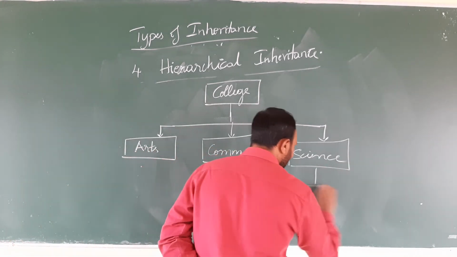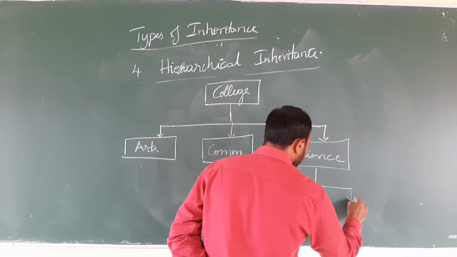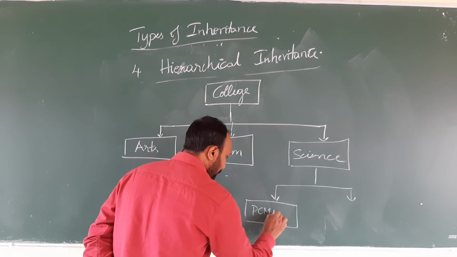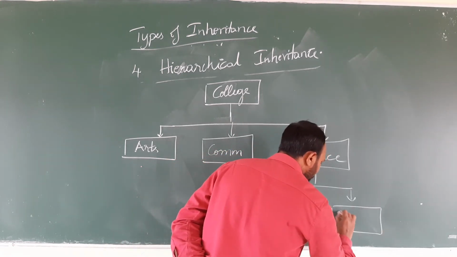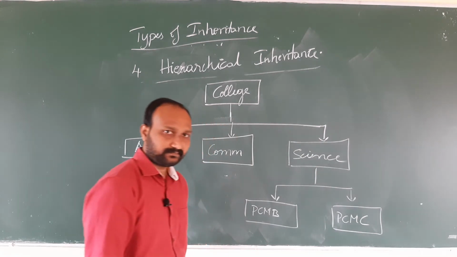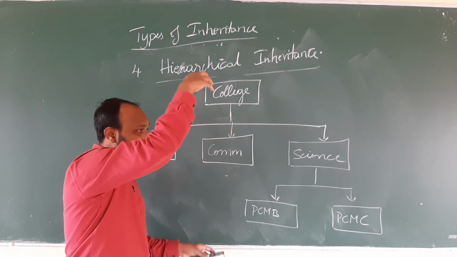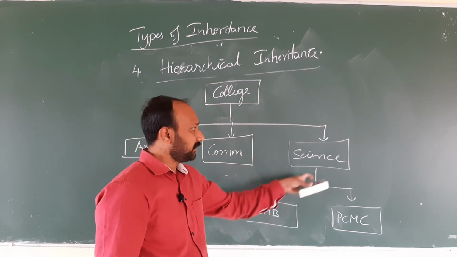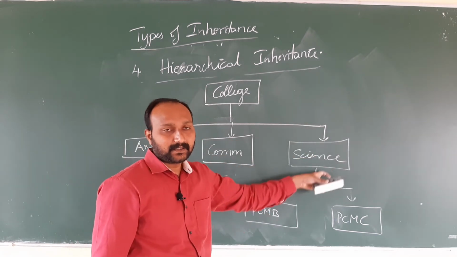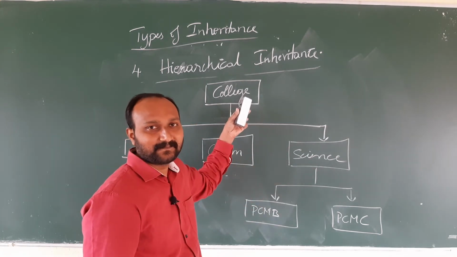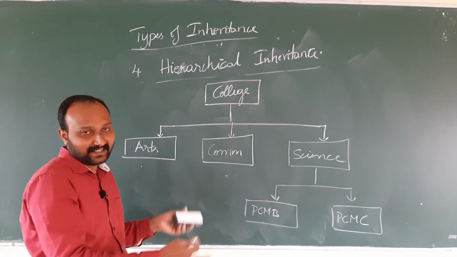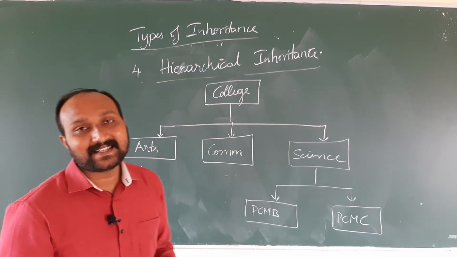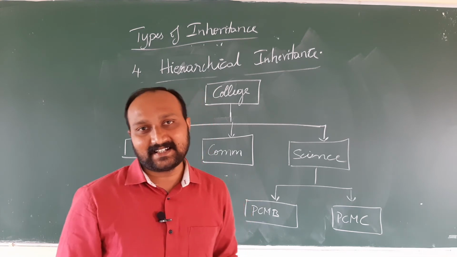Further, the class Science can have two types of combinations, let us say PCMB and another one PCMC. So here there is a line of control. For example, the PCMB students come under the complete science group, which comes under the department, which comes under the college. So here there is a hierarchy, and prioritization is done. This type of inheritance is referred to as hierarchical inheritance.